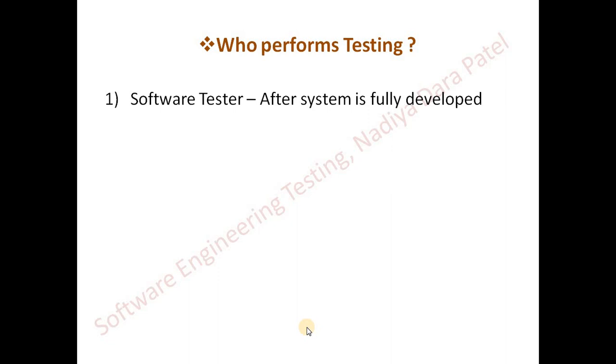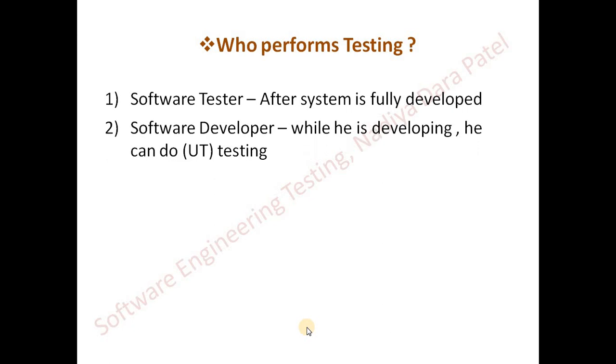Now there is a question which arises in everyone's mind: who performs testing? If a developer is debugging the software from time to time, he also becomes, somewhere or other, the person testing the product. First, a dedicated software team performs testing.